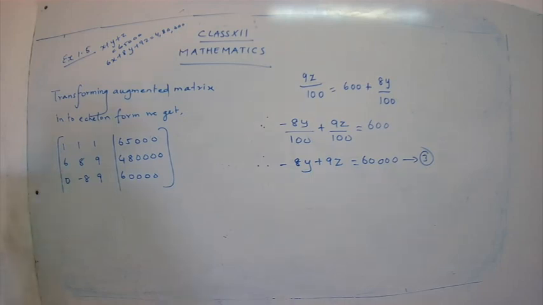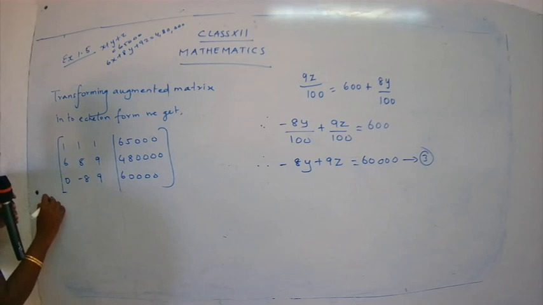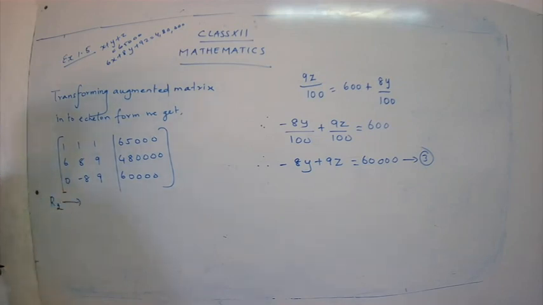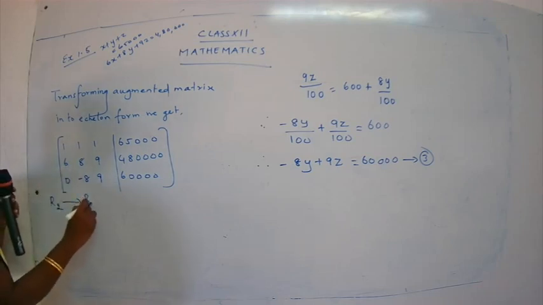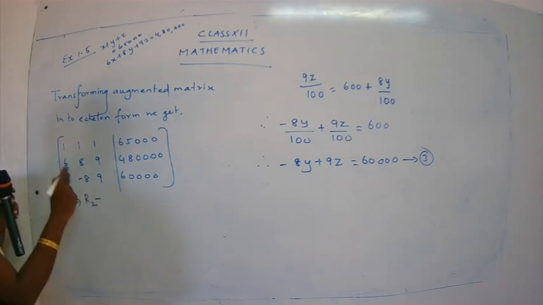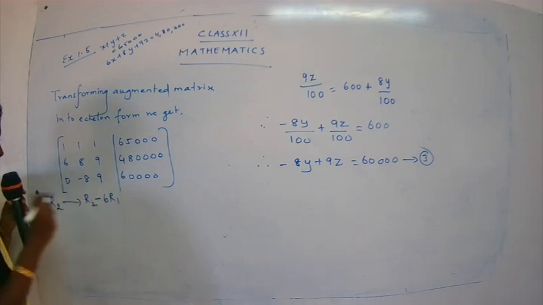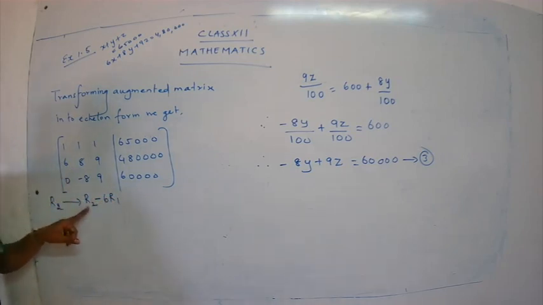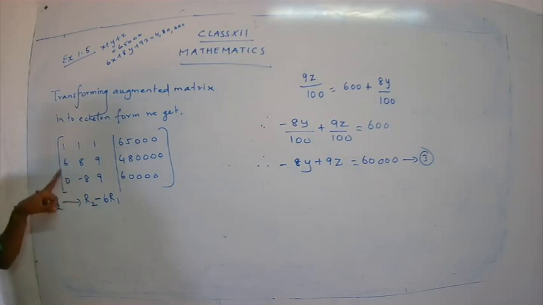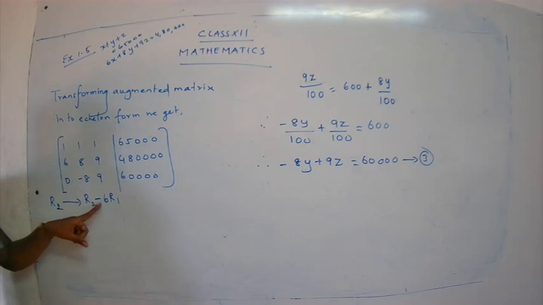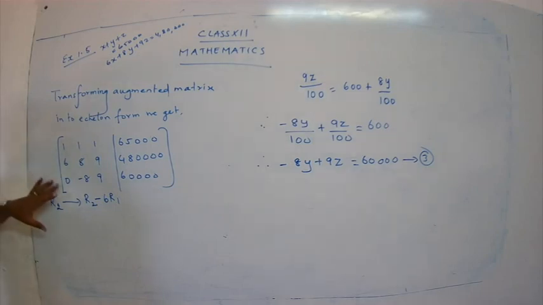So let's change the second row. How is your second row going to change? I want 0 here. So R2 changes as R2 minus 6R1. Here, R2 means 6 minus 6 into 1, that's 0. You have to change only the second row. Do not touch the first and the third.